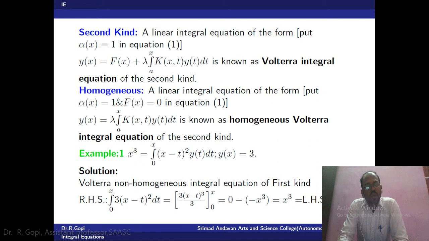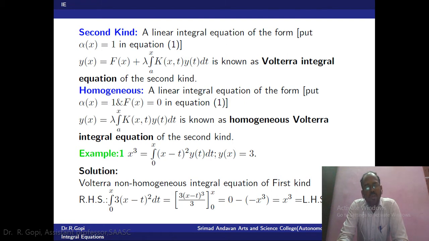Then we take the right hand side: the integral from 0 to x of 3 into (x minus t) the whole squared dt. We have to integrate on both sides. So 3 into (x minus t) the whole cube divided by 3.